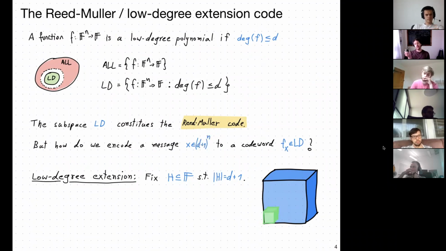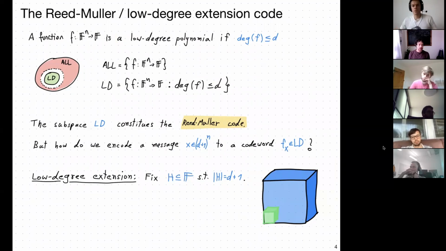This will define a single polynomial of degree at most d, and we'll evaluate this polynomial over the entire field F. So the green cube is H to the n, it's just the value of the message. And when we look at F to the n, that would be the extension.